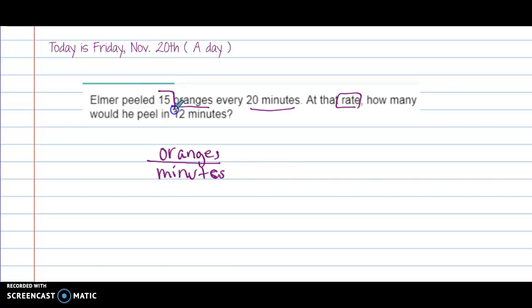Okay, what do I know? The rate that I know is 15 oranges, so it has to go on the top of my proportion. Time is going to be on the bottom of my proportion, and they will give me one of these two, and they're giving me the time information of 12, so that goes below. I'm looking for the missing amount of oranges if he's only peeling for 20 minutes.